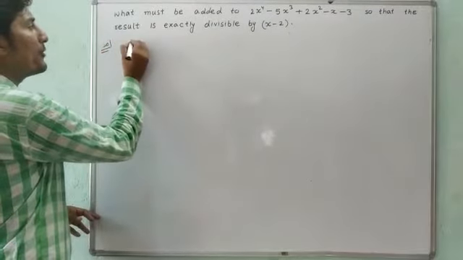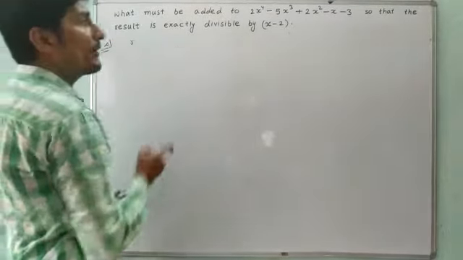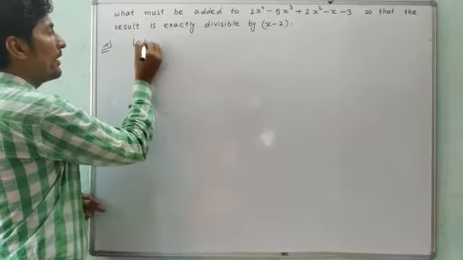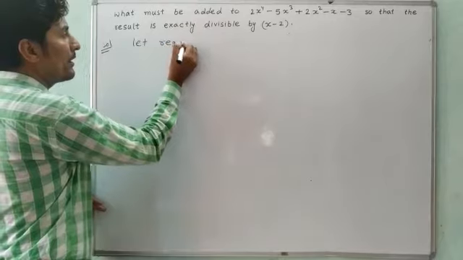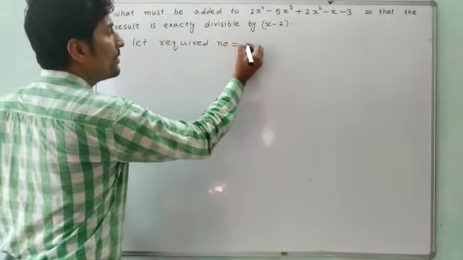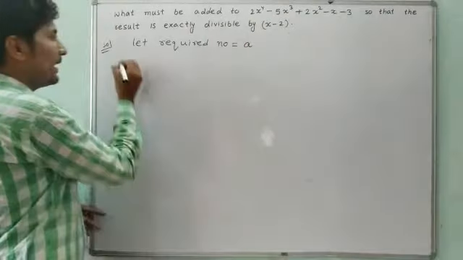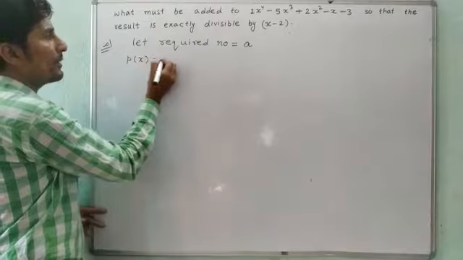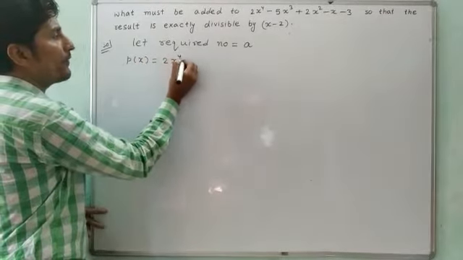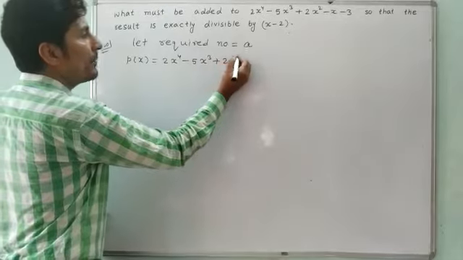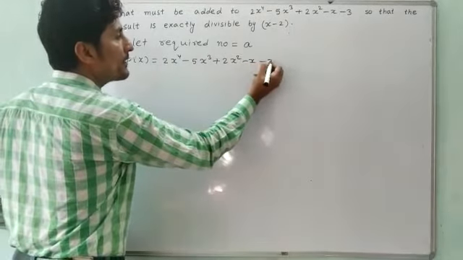Suppose the required number which we are going to add to the given polynomial be a. Hence the polynomial p(x) will be equal to 2x to the power 4 minus 5x cube plus 2x square minus x minus 3.